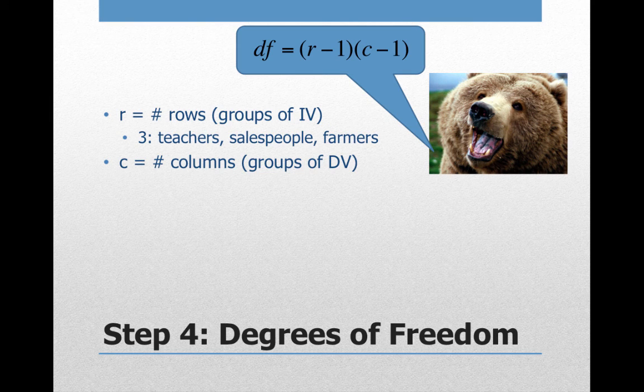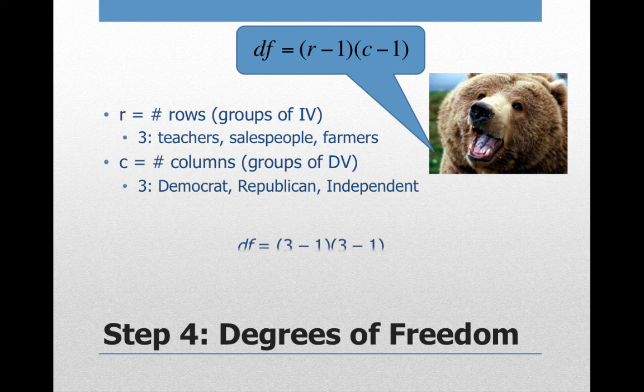How many groups do we have on our DV? We have Democrats, Republicans, and Independents. So we have 3 as well. So given that, let's just plug that into our degrees of freedom formula to give us degrees of freedom equal to 4. There we go.